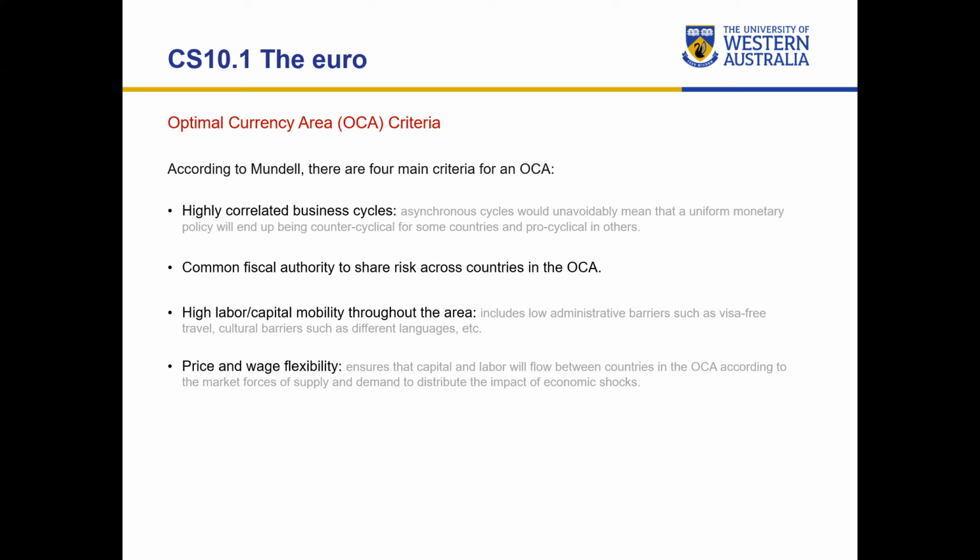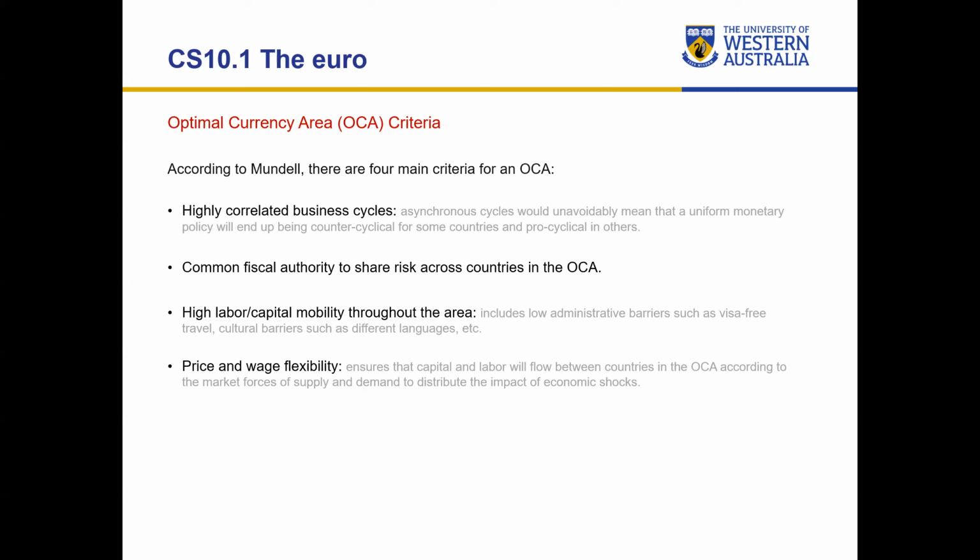It doesn't have a common fiscal authority, so it can borrow from Germany and France, but it's not a free fiscal transfer like we have in Australia. Labour and capital mobility doesn't seem to be high. If it was, they wouldn't have a 25% youth unemployment rate in Greece.